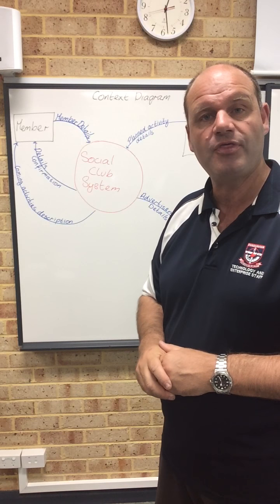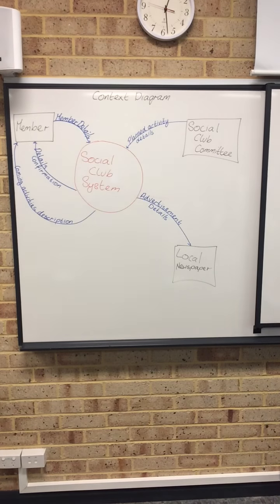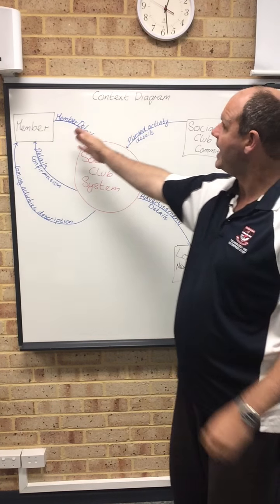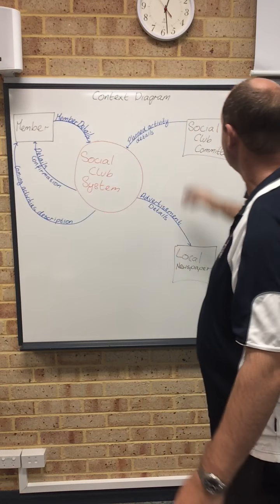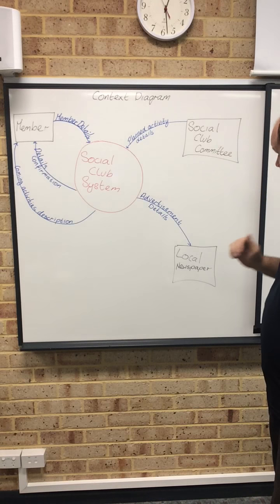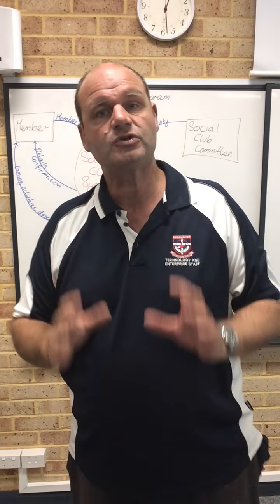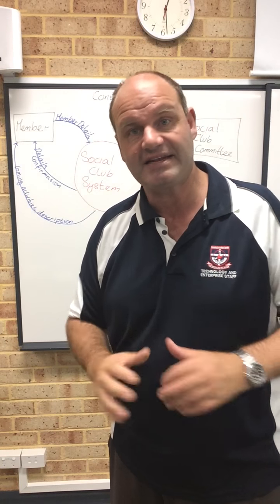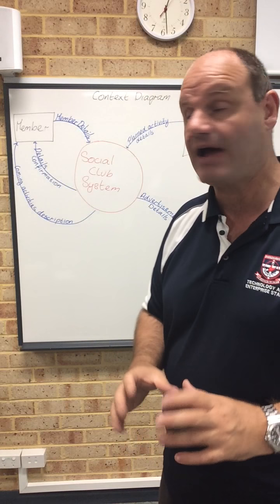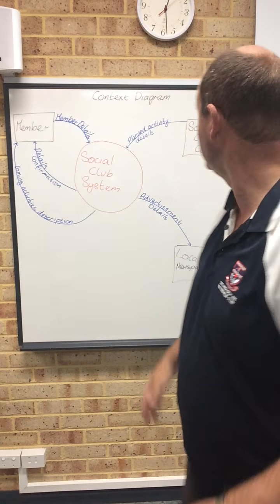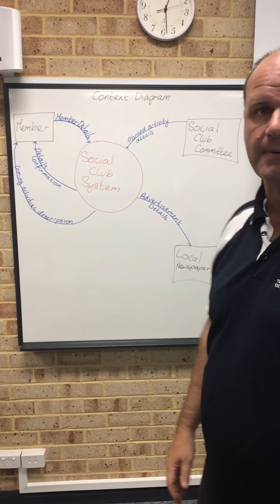Now, there are also some other things going on in this context diagram. We have these squares: member, social club committee, and local newspaper. These squares are called entities, and they are described as a noun. So a member, a social club committee, a local newspaper.